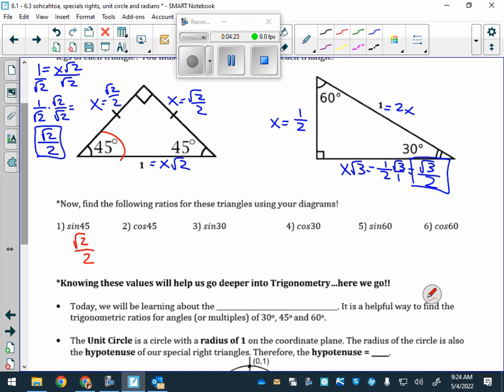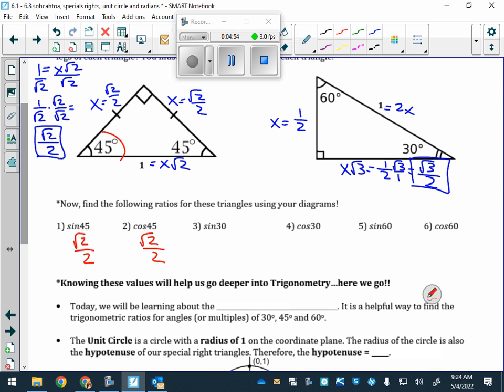It will still be root 2 over 2. Since I'm choosing this 45, I could use the other one as well. Opposite, root 2 over 2 over 1, which is just root 2 over 2. Adjacent, root 2 over 2 over 1, which is just root 2 over 2.